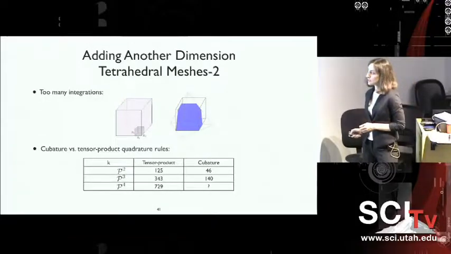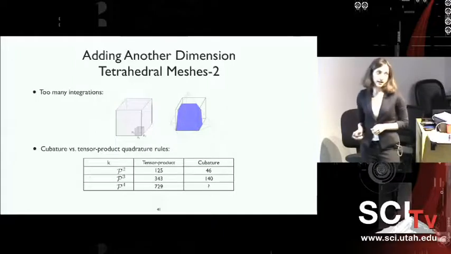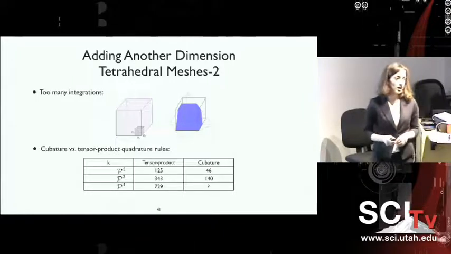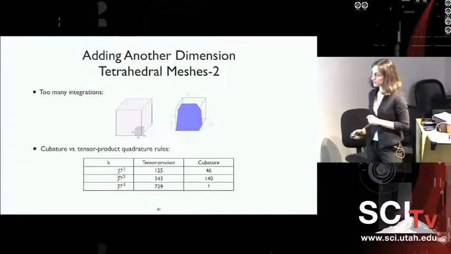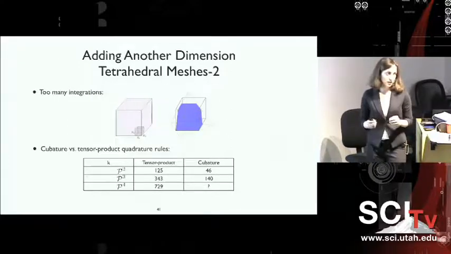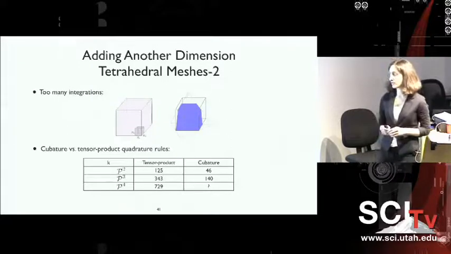However, we could take advantage of more general quadrature rules that are based on barycentric coordinates. For example, in this table, I have a comparison between the number of points for these DG approximations. These are the number of points required when evaluating an integral in 3 dimensions in our filtering scheme.